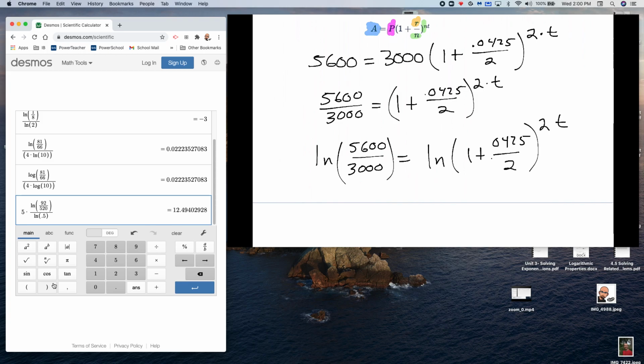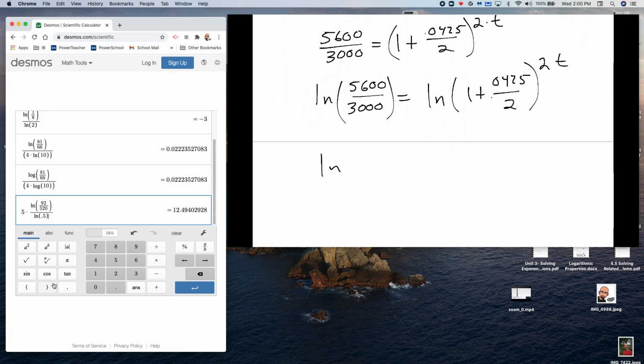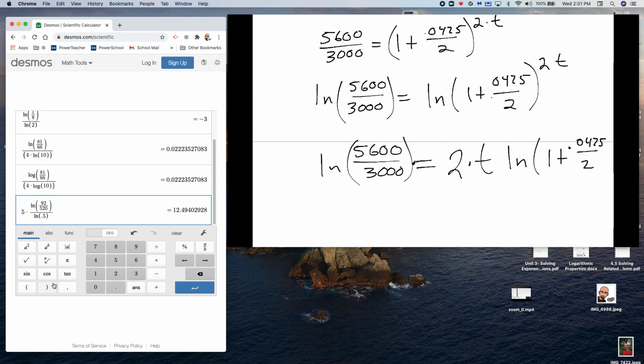That power allows me to pull that 2t out in front. So natural log 5,600 divided by 3,000 equals 2t times natural log 1 plus 0.0425 divided by 2.